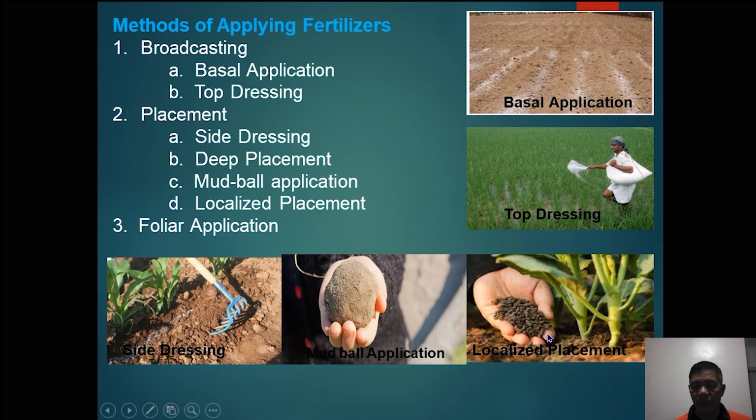Then localized placement, sometimes this is what we call localized placement. You are placing the fertilizer materials around the plant, sometimes 2 to 3 centimeters deep.